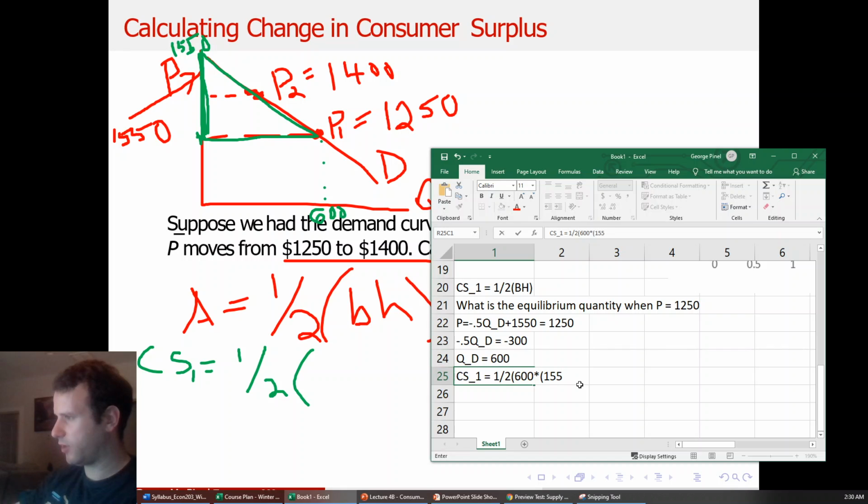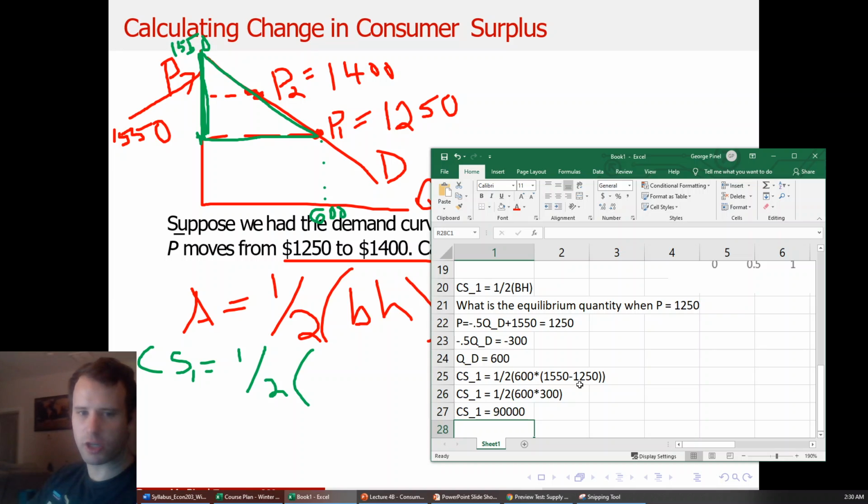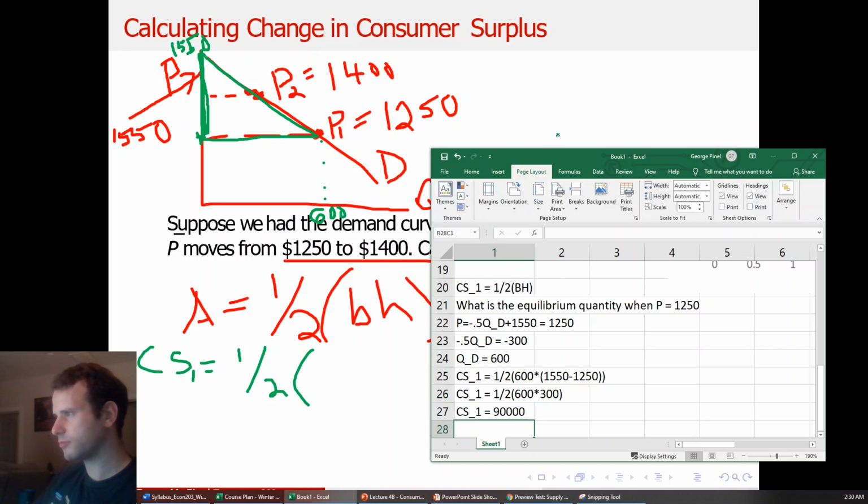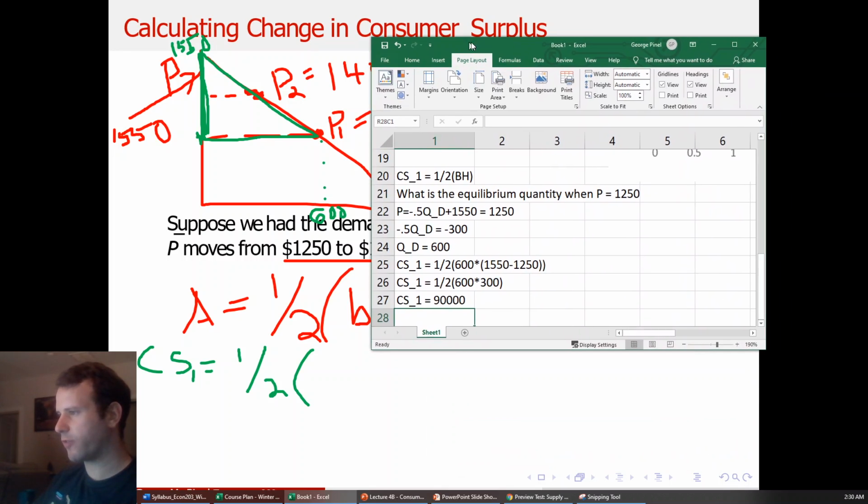So I can write 1550 minus 1250, which is 300. Then 600 times 300 is 180,000, divided by 2, so I get 90,000. So my consumer surplus is 90,000. That's my first consumer surplus.